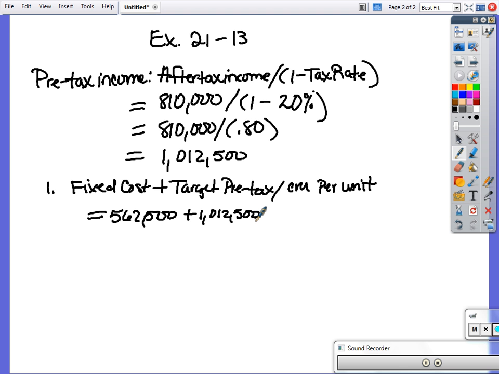All right, so we can easily go back and find the contribution margin per unit, right? What's the equation for contribution margin per unit? Sales price per unit minus total variable cost per unit.